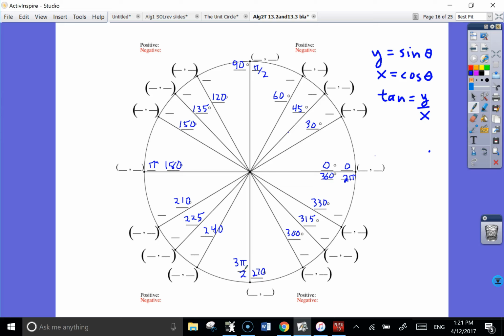Well, 45 degrees is halfway between 0 and 90 degrees. So what's halfway between 0 and pi over 2? Pi over 4. So that's easy enough, pi over 4. And now if I just go in increments of pi over 4 going around the circle: 1 pi over 4, 2 pi over 4, that's pi over 2, 3 pi over 4.